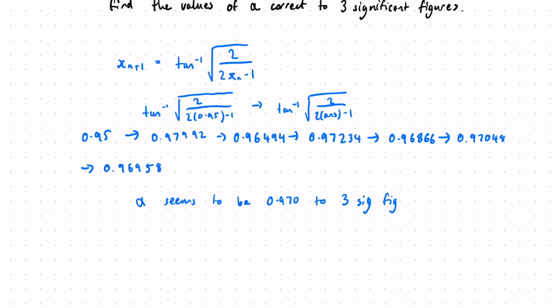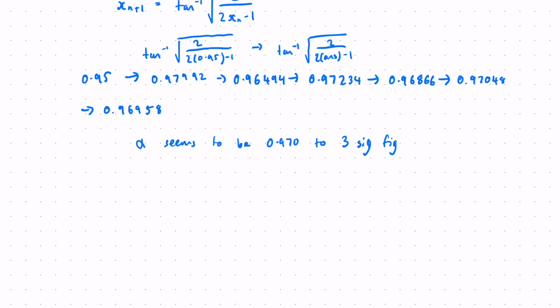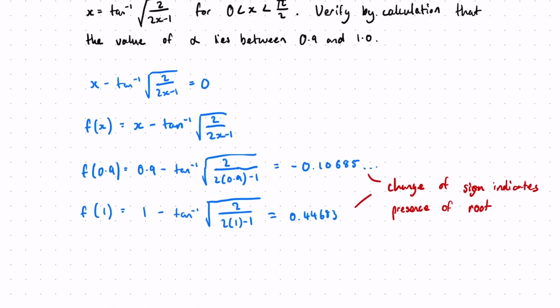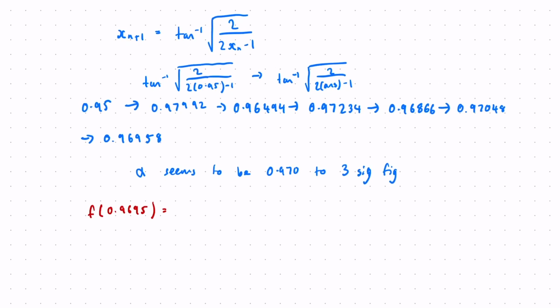Now to just test that, to find out whether that is actually true, I'm going to take the upper and lower bounds of 0.970 and put it into our function that we were playing with earlier. So we're going to say f of the lower bound of 0.970, which is 0.9695, is equal to x minus the inverse tan, sorry, that we did on the last one, x minus inverse tan root 2 over 2x minus 1.